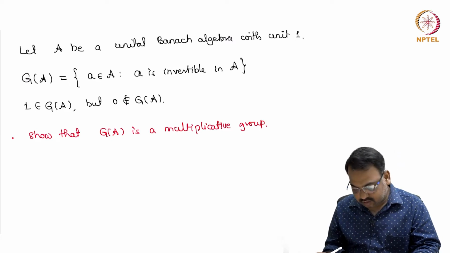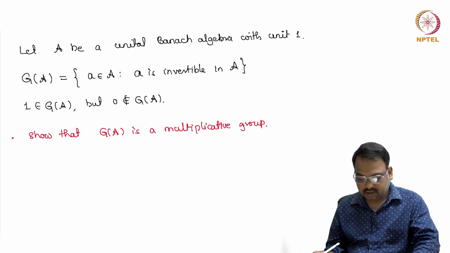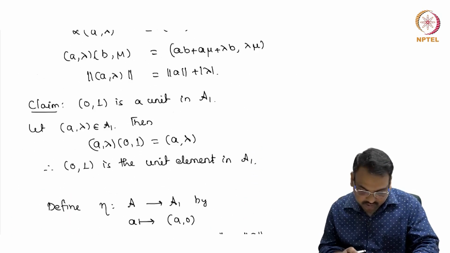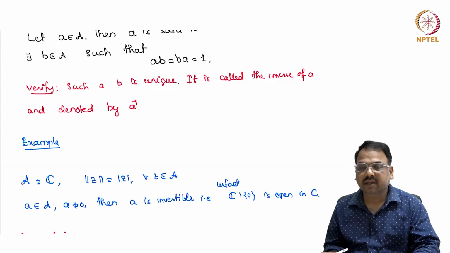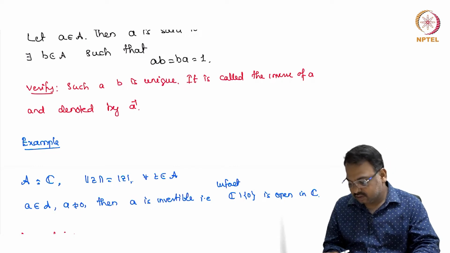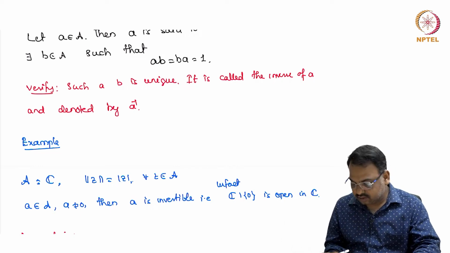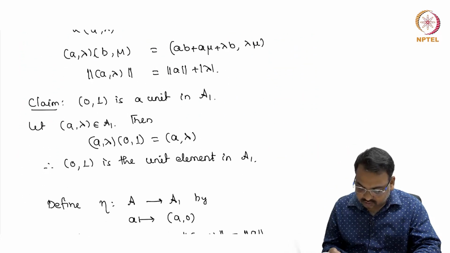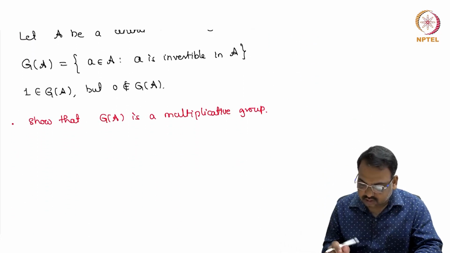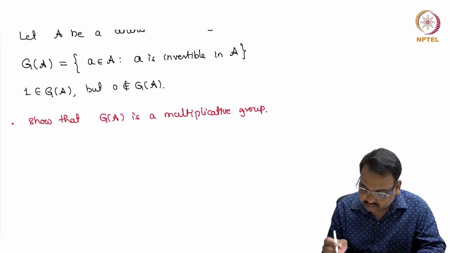Now what can we say about this set GA? Let us go back to the complex plane. If you look at the set of all invertible elements, that is C minus 0, we know that it is an open set. Now we can ask the question: is it true that GA is open in A? Can we generalize that result?